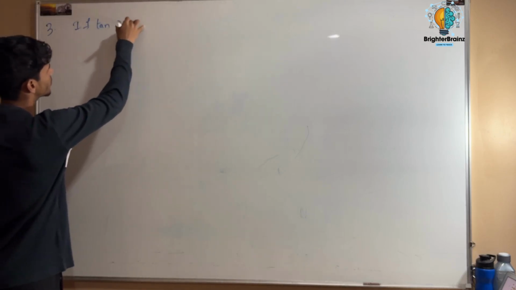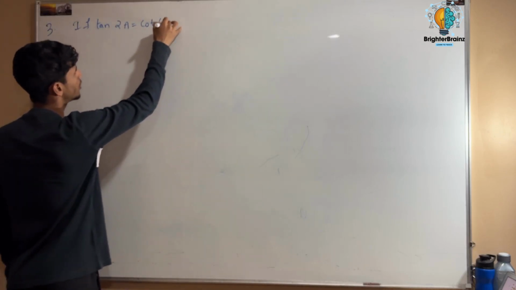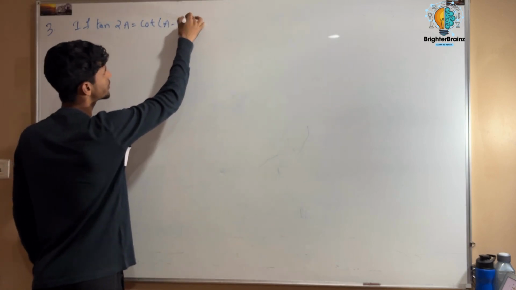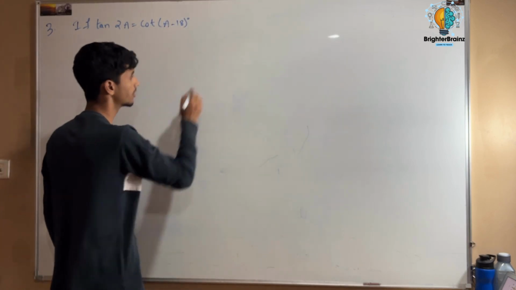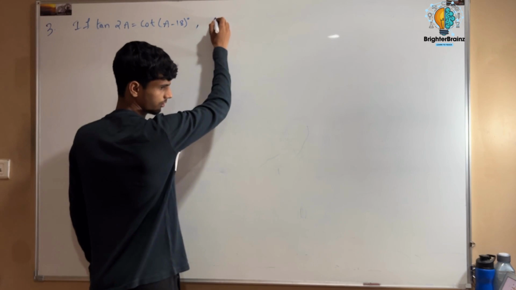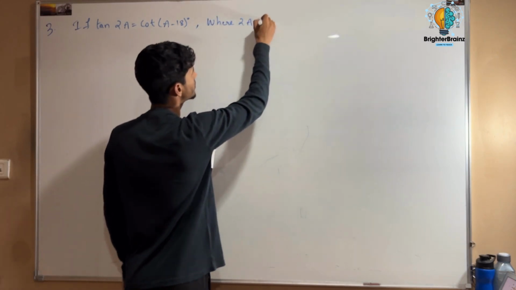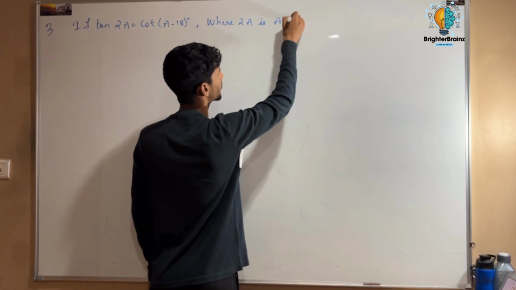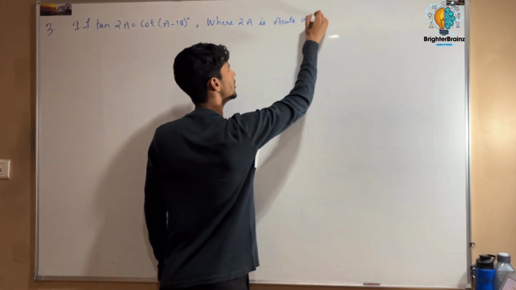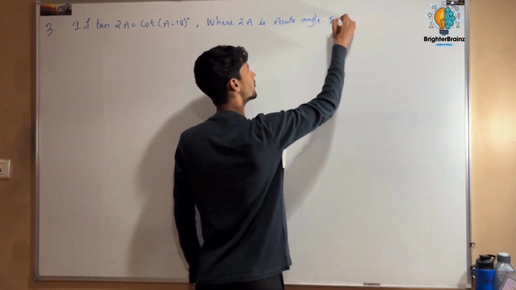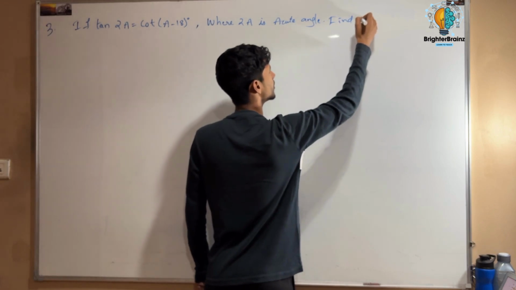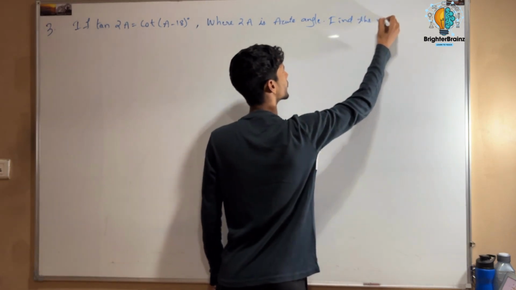If tan 2a is equal to cot of a minus 18 degrees, where 2a is an acute angle, then find the value of a.